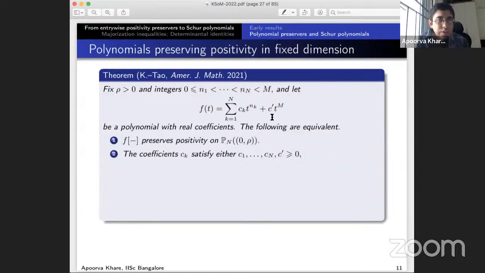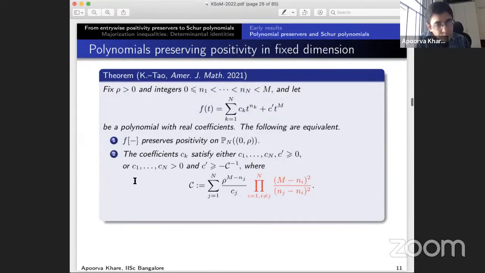First, the following are equivalent. The function preserves positivity on n by n matrices, of a fixed size n, if and only if either all of these coefficients are non-negative, that is the 1925 result of Pólya and Szegő, or the first n are strictly positive, that's like the 1969 result of Loewner, and this leading term is allowed to be negative.